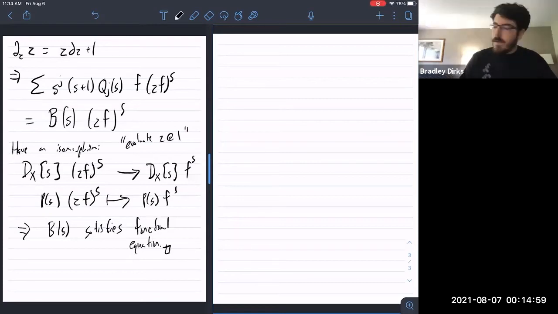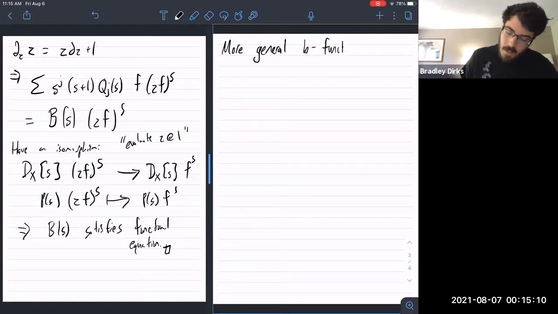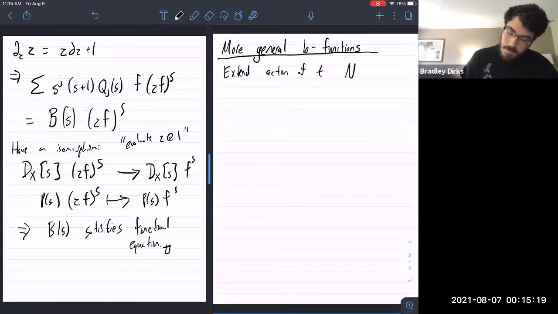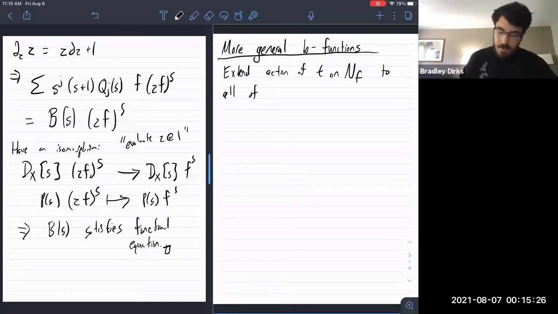Okay, so now here's where the generalization of the result is. We're going to start talking about the shapes of the roots of some more general b-functions. We can extend the action of t from N_f to all of this ambient module R[f^{-1}, t, t^{-1}] f^s.